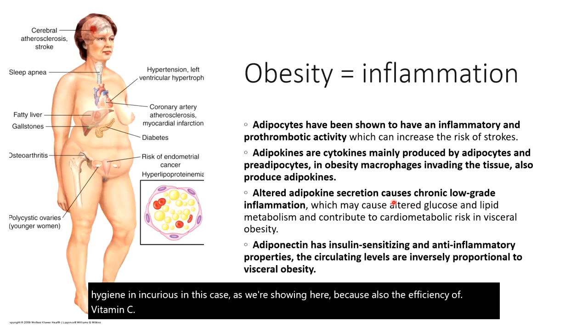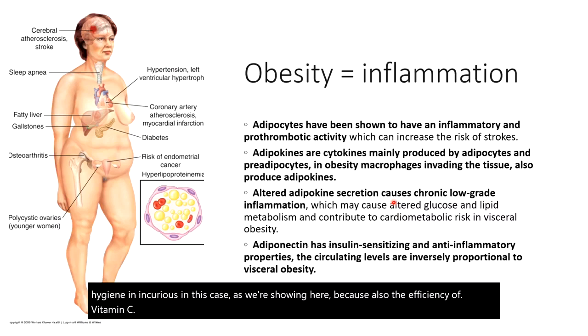We can have different types of fat distribution. If it's around the circumference of the abdomen, it will have predisposition for cardiovascular disease.